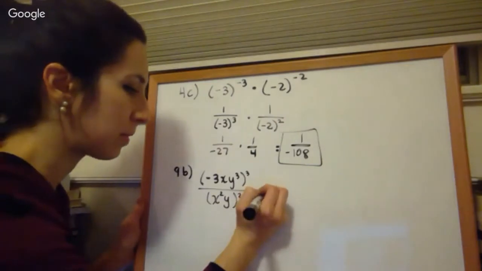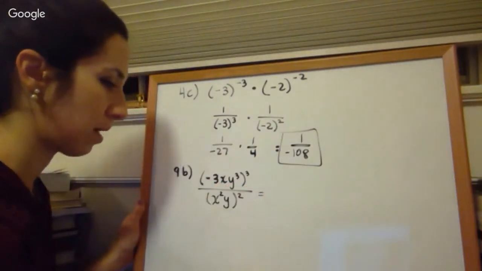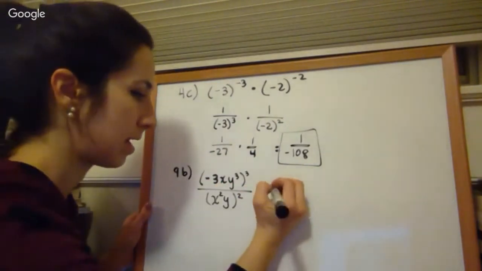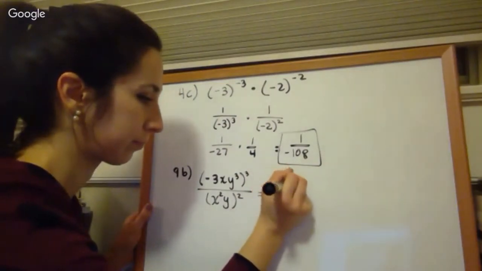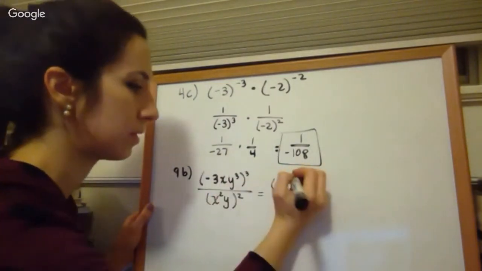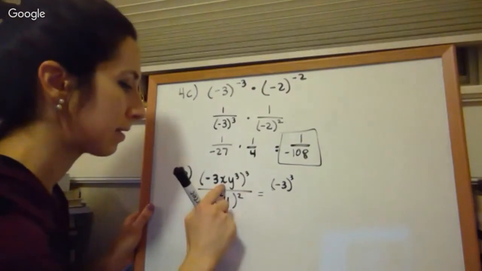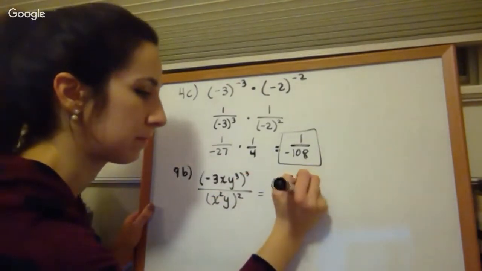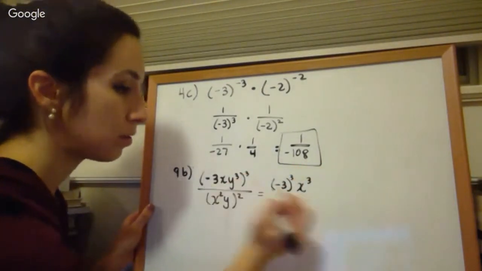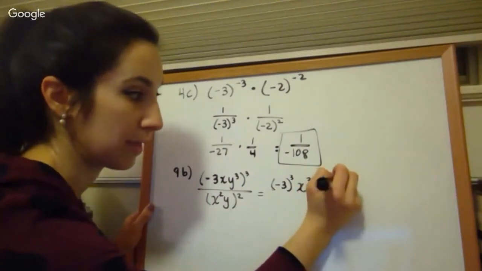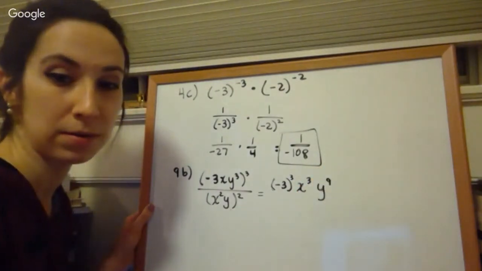So I'm going to apply that power to every single base. Negative 3 is going to get cubed. X will get cubed. And then y cubed will get cubed, which makes it a 9. You multiply those powers.